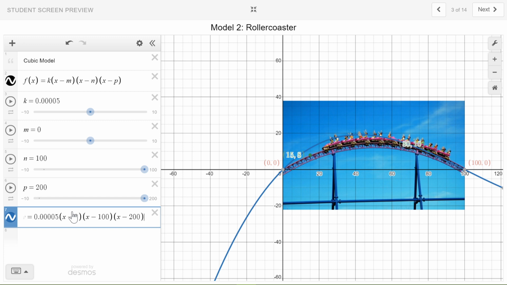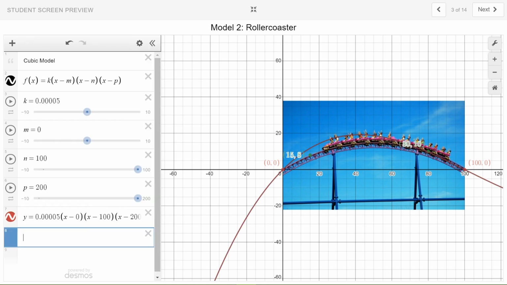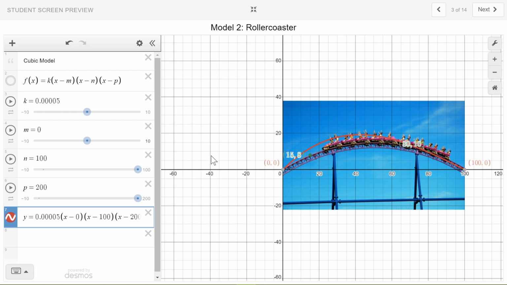Okay, but for me, I'm going to put in a domain because I don't want the whole thing. I don't need everything off to the side. And my domain, once again, is going to be 0 through x through 100. Okay, so I can turn this one off, and so it's just this red line.